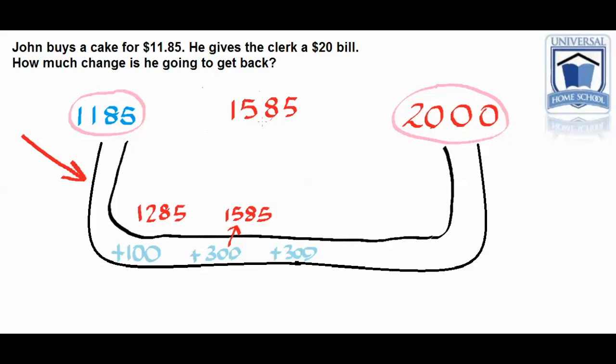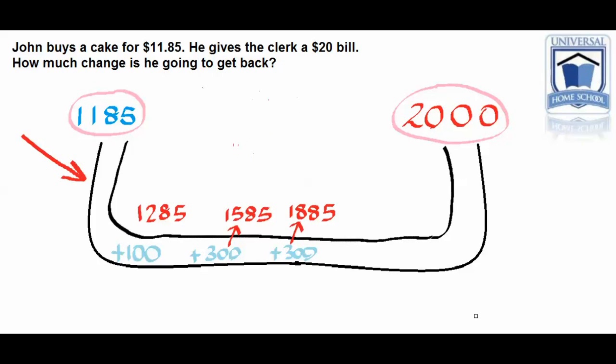I just want to show you my working out, just so that it doesn't look as if I'm jumping from here to there. That's 1885. So what I've got so far, I've added up to 1885.